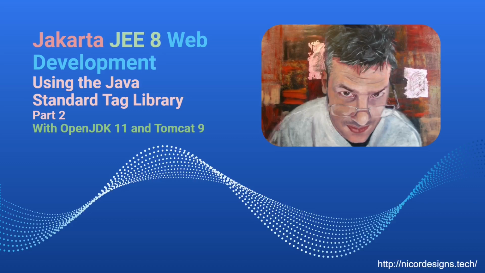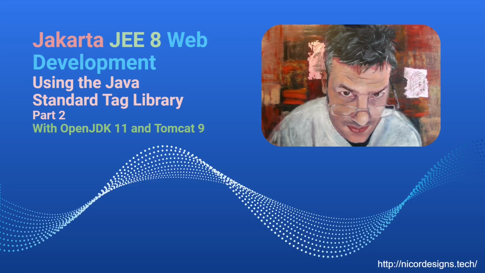This is part 2 of the Jakarta Standard Tag Library tutorial, where we will look at the next set of version 1.2 JSTL tags, since that is the version that matches Jakarta JEE 8 and can be run on Tomcat 9 with OpenJDK 11.